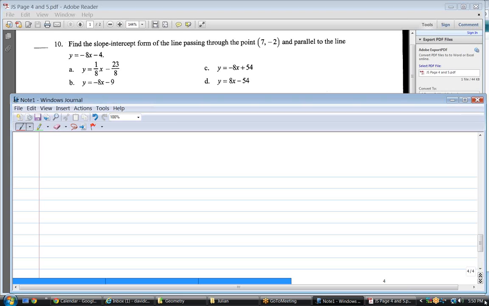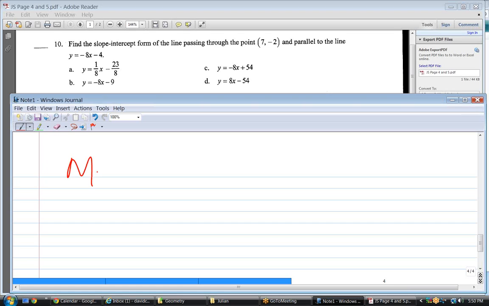What's the slope of this line? -8. What's the slope of the line that they want us to give them an equation of? Isn't it -8? Uh-huh.